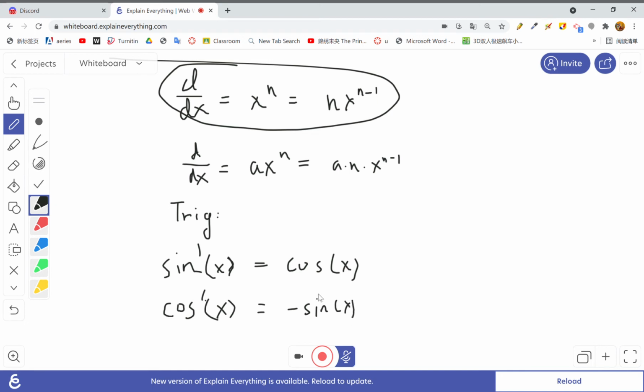And then from this, the amazing part of calculus is that you can derive the other four trigonometric functions. Let's say we have tangent, which is sine over cosine.